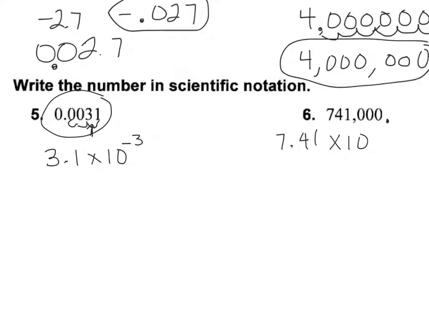I'm going to see how many hops to get it right here, in between the 7 and the 4. 1, 2, 3, 4, 5. 5 hops. Because this is a very large number, I need to make sure that my exponent is positive.